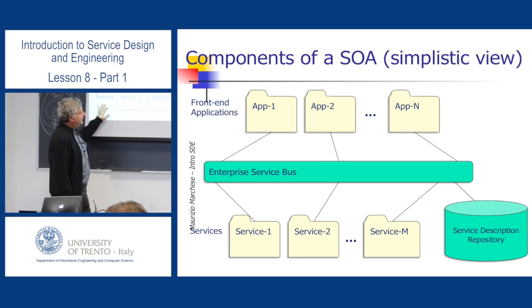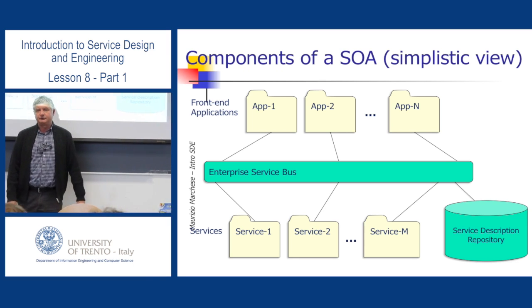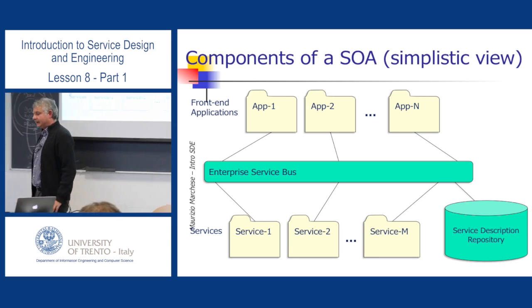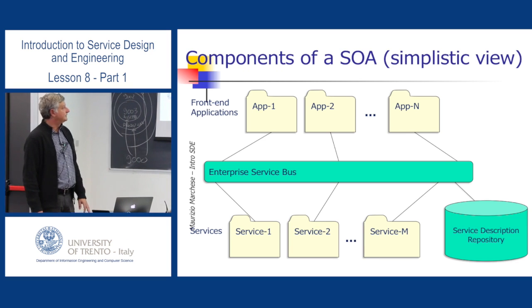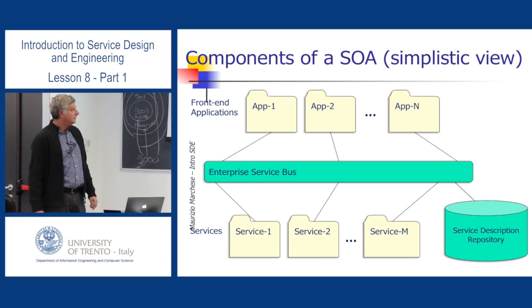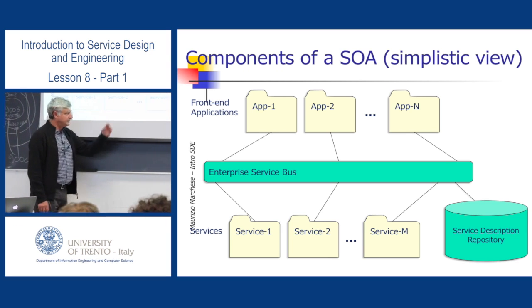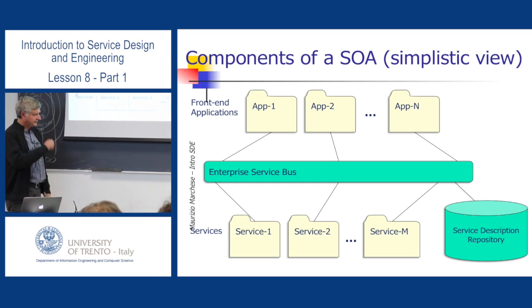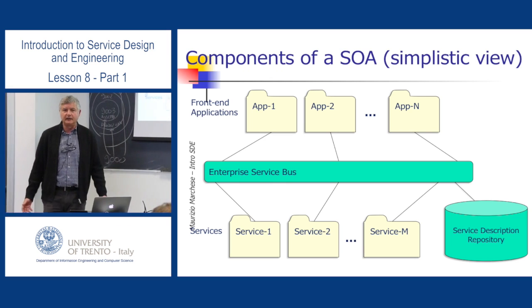On the level of the services, there is typically a service description repository, because the clients, the service requesters, must have access to these, and they are decoupled. This can be on a different machine. The service repository can be a very simple one.